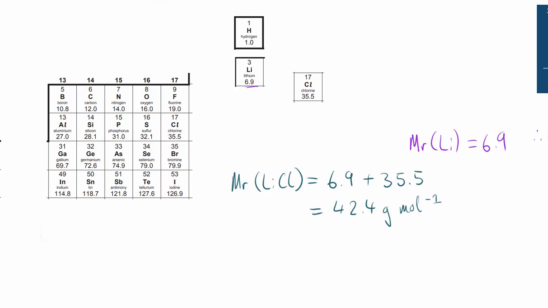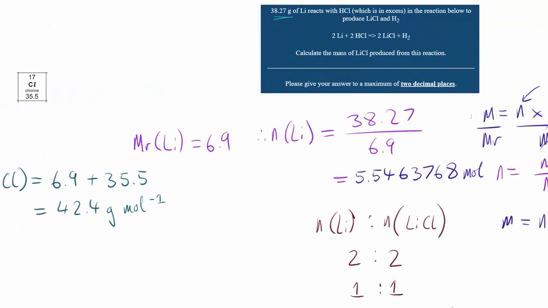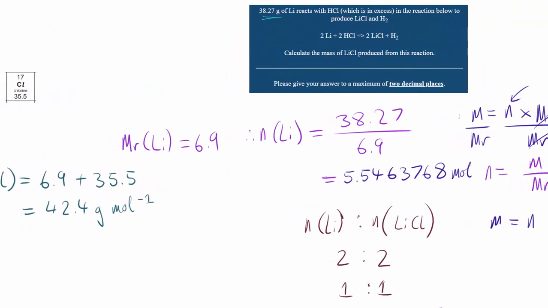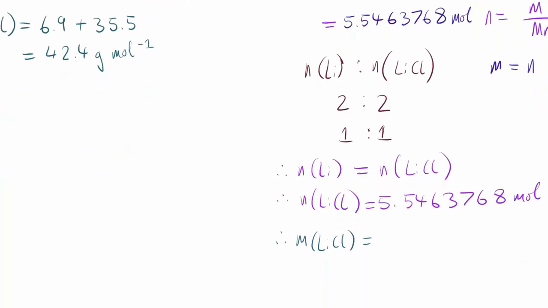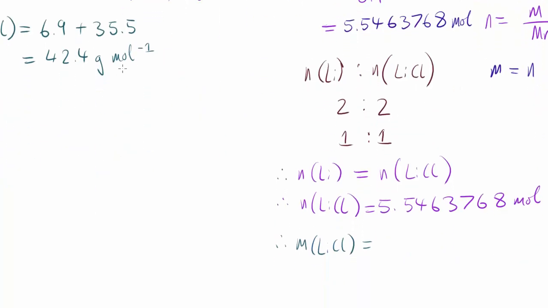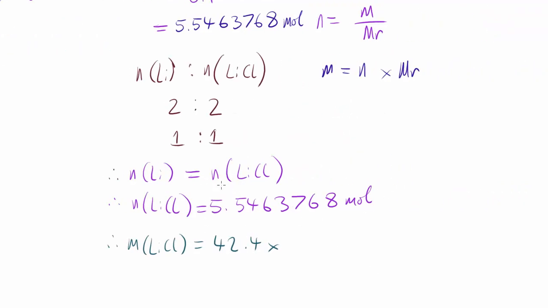Now at this stage we can use this molar mass in what we were establishing just now. Take this value, 42.4, and multiply it by the moles above.